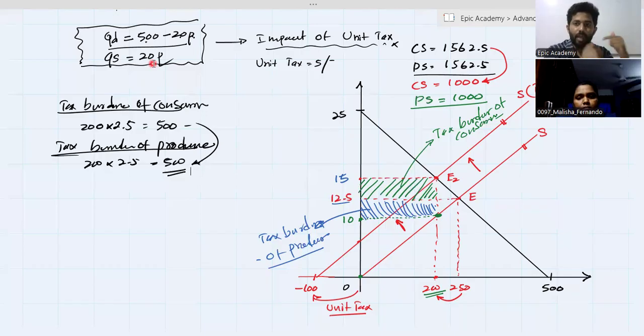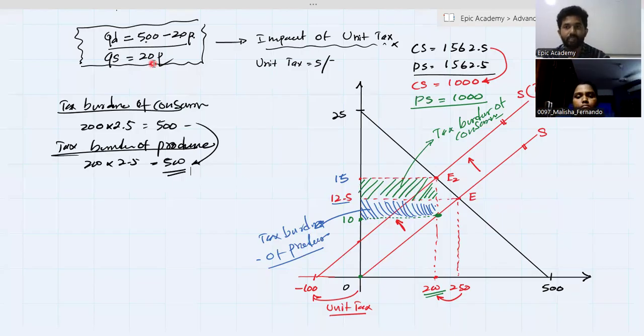According to a change in the price, the response of the quantity supplied and quantity demanded is similar. That's the theory. So then the impact of a change makes similar values. If quantity demand QD equals 500 minus 10p, QS equals 20p, then it must be changed.